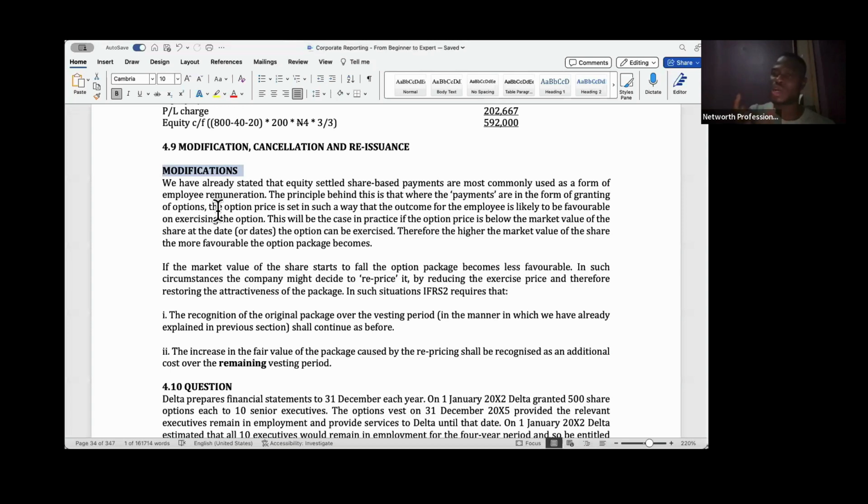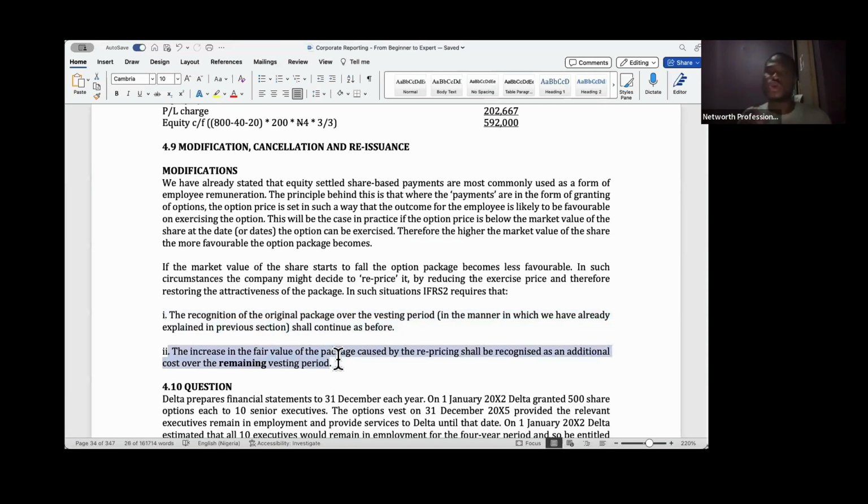Because how do you account for this entire arrangement? The first thing is what I taught you last week. That one will stand. You will still continue to do that. The only additional thing we're adding today is the increase in the fair value of the share option. Look at it here: the increase in the fair value of the package that is caused by repricing.